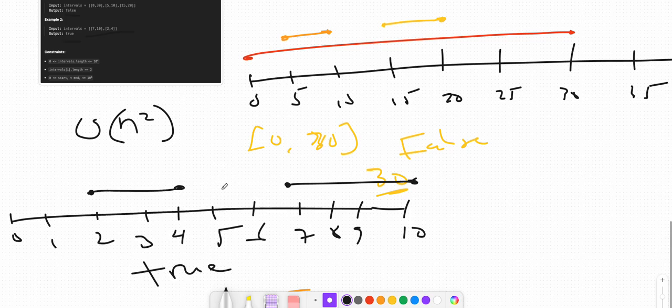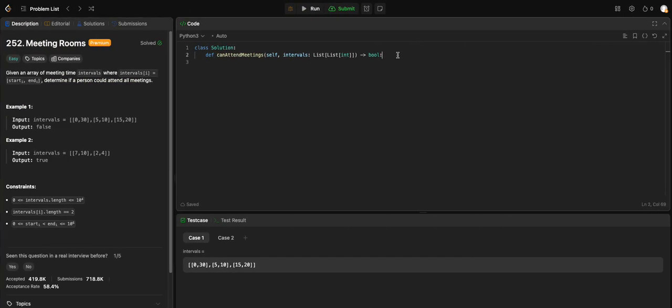So let's look at how we can represent this in code. Let's sort these intervals, right? So we have intervals dot sort, key is equal to lambda x, so by the first element, right?